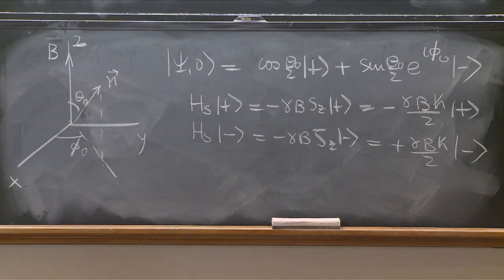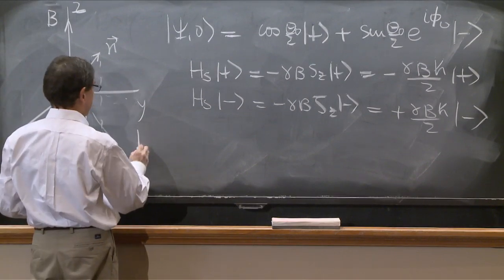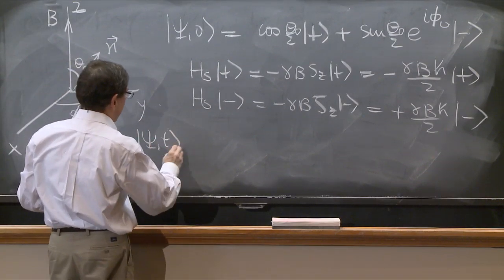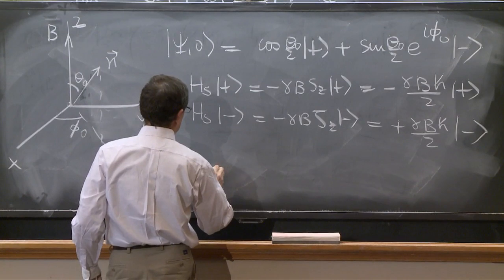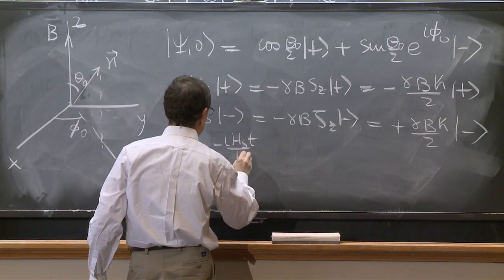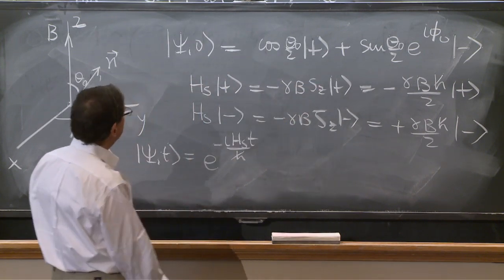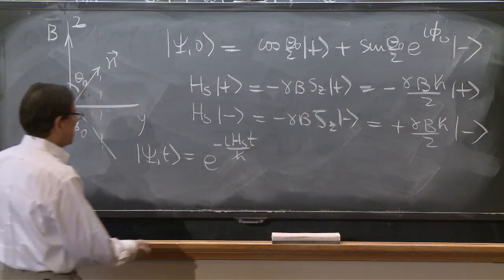So we want to act with this operator on the state. The state at any time is going to be e to the minus i Hs t over h bar, acting on psi 0.